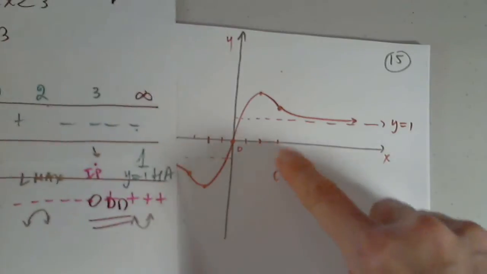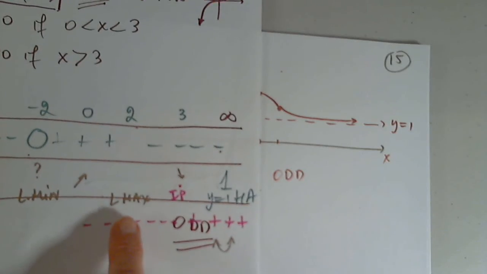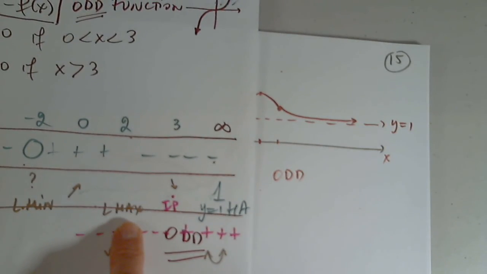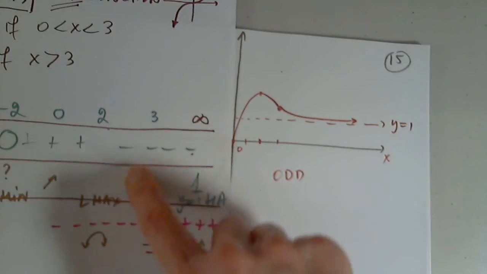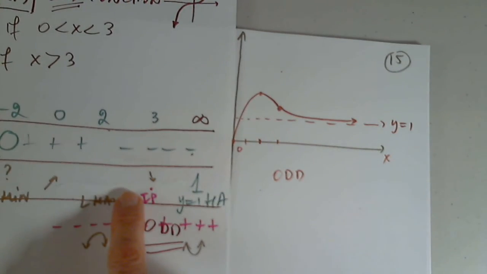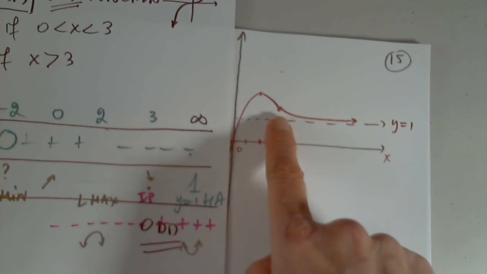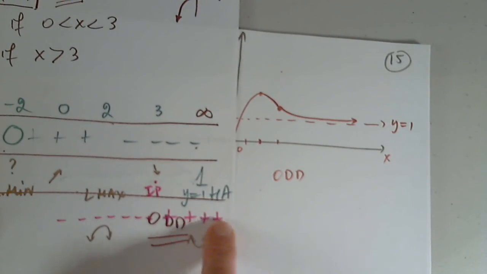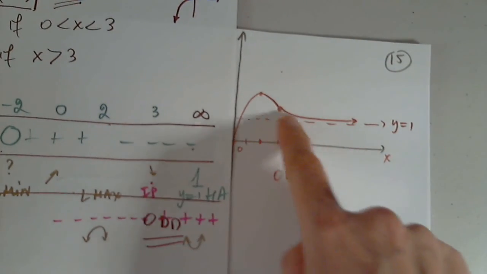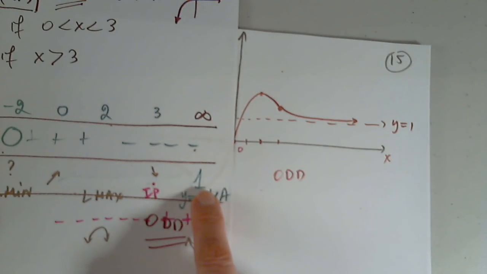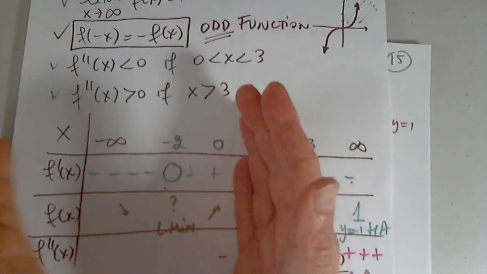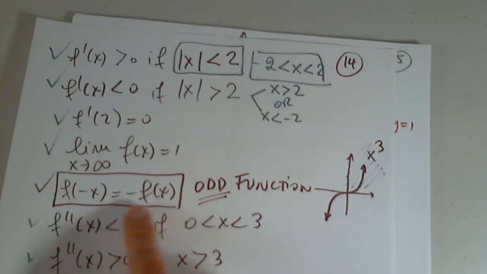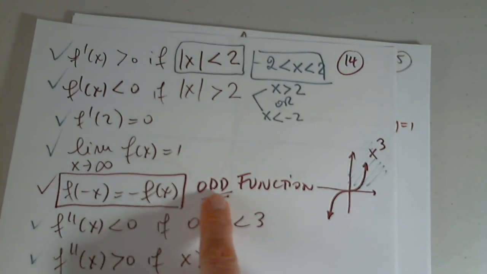Again, it's increasing to a local max. It's decreasing because between 2 and 3 the function is decreasing, opening down till the inflection point where it has to change concavity, but because now it's opening up, approaching the horizontal asymptote. I didn't copy anything else here because I knew that this part has to be symmetric because of this property.